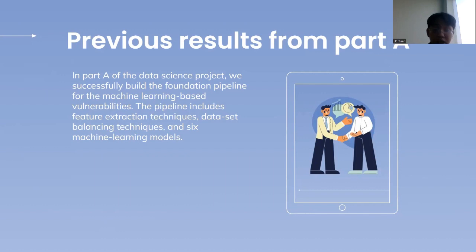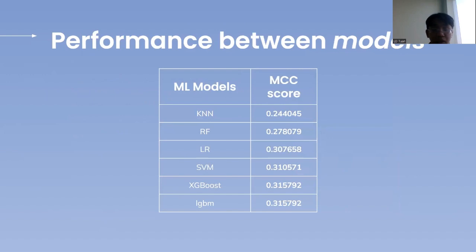It also includes dataset balancing techniques such as oversampling, undersampling, and random word insertion, random word substitution, random word deletion, and the combination of the three methods. And lastly, we built six machine learning models. So let's review some results from last time.